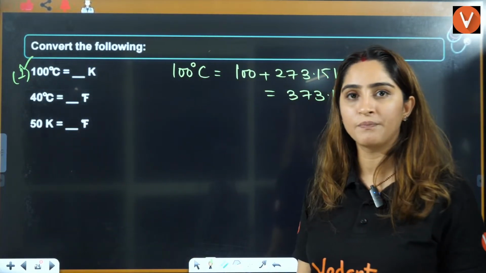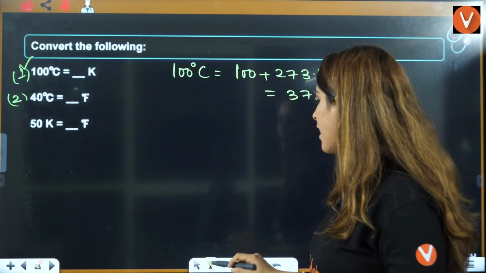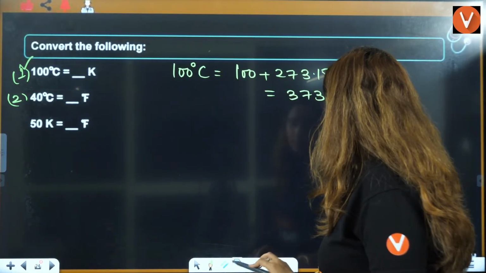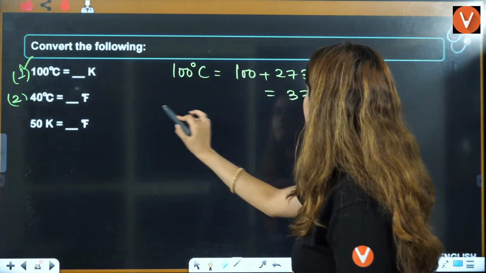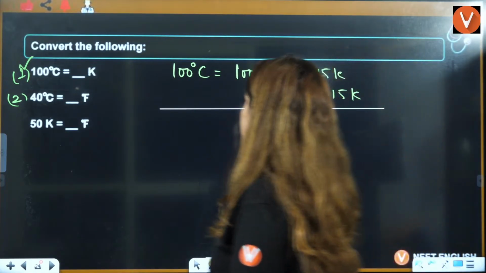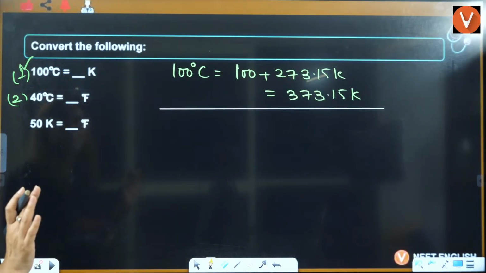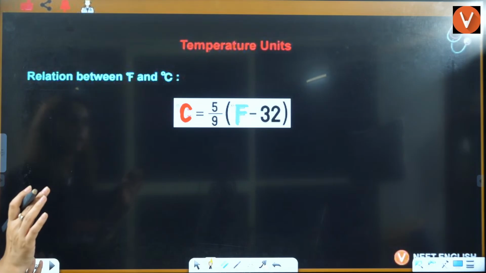Second, we are doing the conversion of degree Celsius to degree Fahrenheit. That is 40 degrees Celsius to degree Fahrenheit we are talking about.